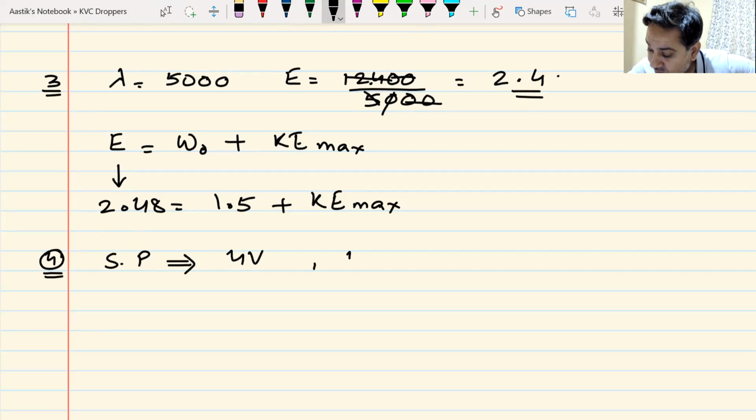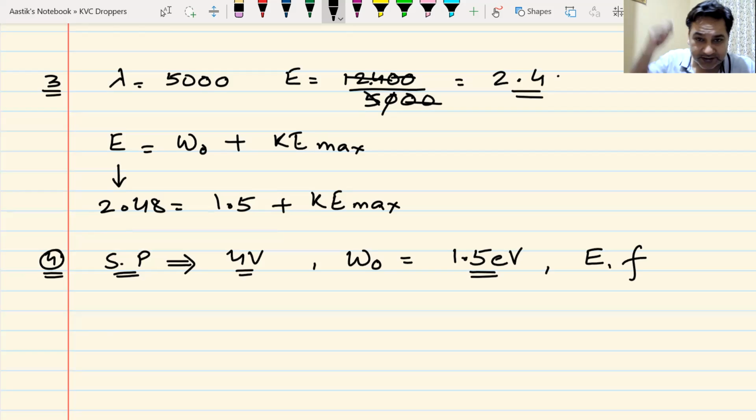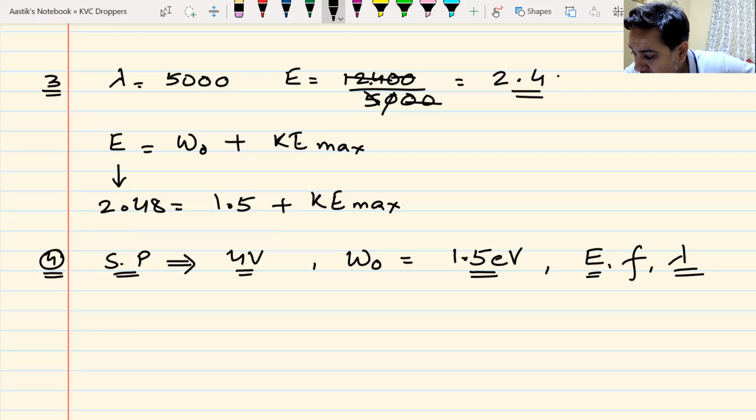The work function of the metal surface is, let us say, 1.5 electron volts. Can you tell me what is the energy of the photon that is falling? What is the frequency of the photon? And what is the wavelength of the photon?